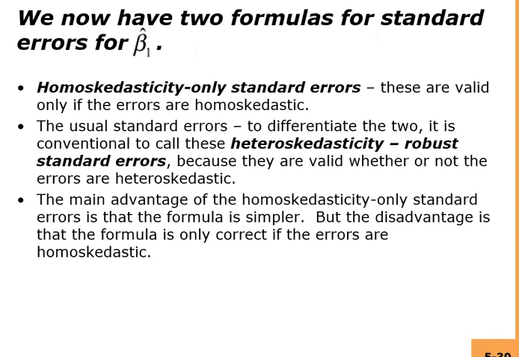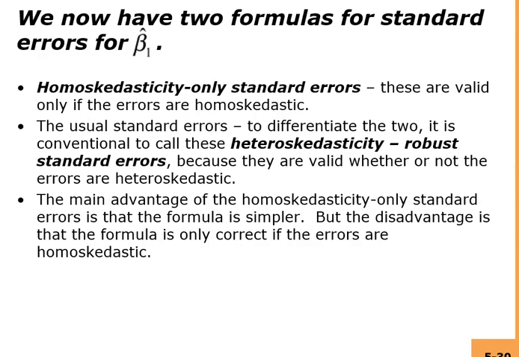So now we have two formulas for the standard error of beta 1 hat. Which one to use is obviously a valid question. The homoskedasticity-only standard errors will be calculated when the errors are actually homoskedastic, and there is a good reason for us to believe that they are homoskedastic. That is the only reason to use that formula. The usual standard errors are conventionally called heteroskedasticity-robust standard errors.